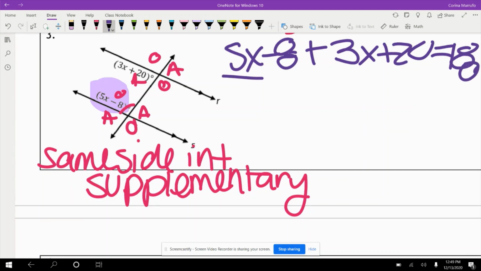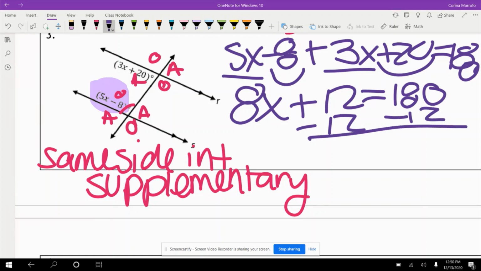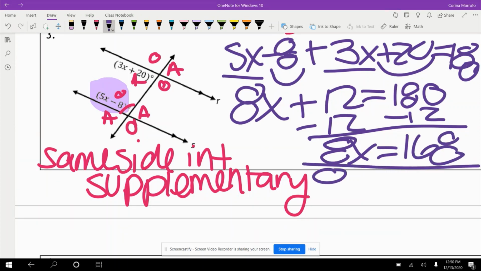We start off by combining like terms first. 5x and 3x gives us 8x. Negative 8 and positive 20 gives us positive 12 equals 180. We move over the 12, and we get 8x equals 168. And then we divide by 8 and we get x equals 21. And that's it.